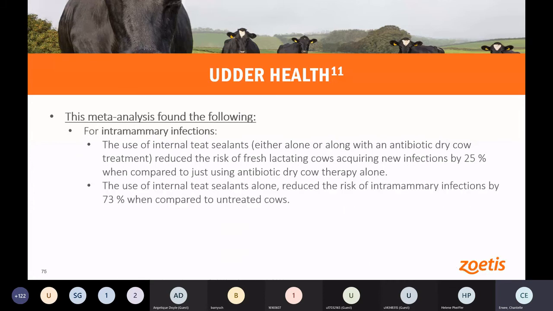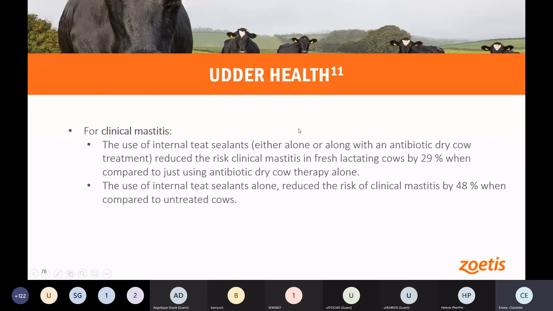If you compared using an internal teat sealant to animals that did not receive anything, no antibiotics or anything, it reduced the risk of intramammary infections by 73%.